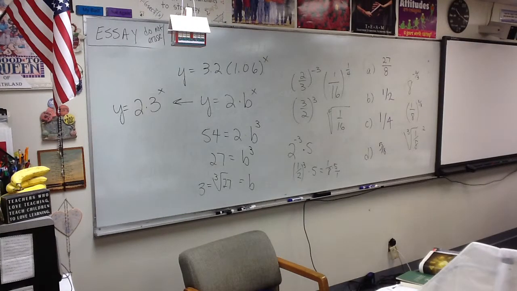I want you to give all of these a try. It's too easy to say, do it for me, Mrs. Ford. I want you to do them all, give them all a try, and then we'll look at the ones that you're struggling with. Help each other. Together, you can probably conquer this sheet. If there's one you can't do, give it a shot and move on. Don't waste a bunch of time. Got easy ones and hard ones mixed up.